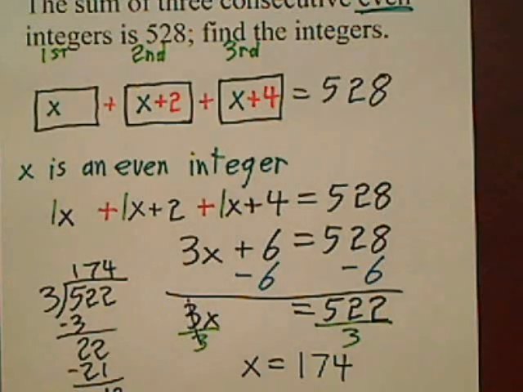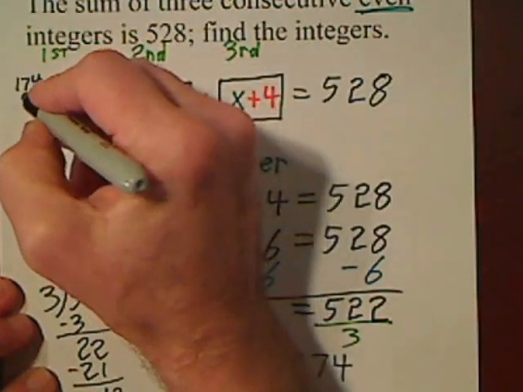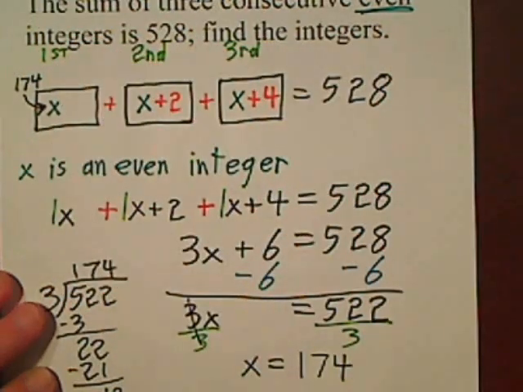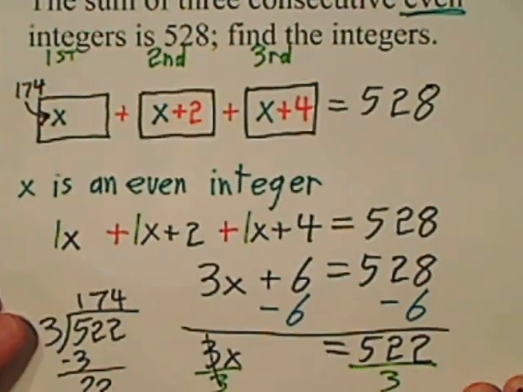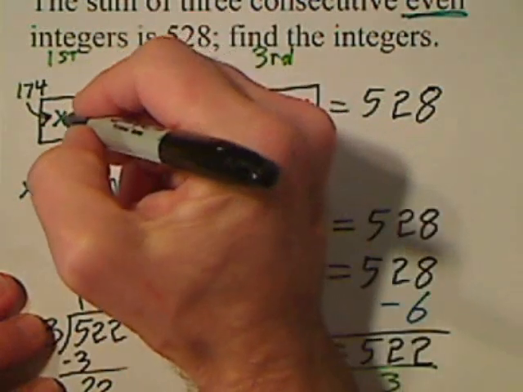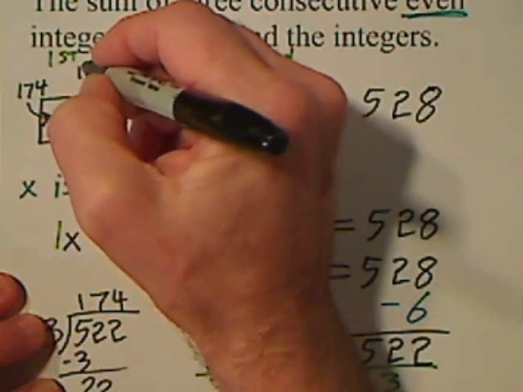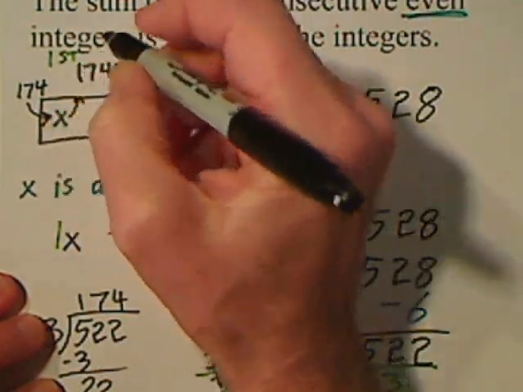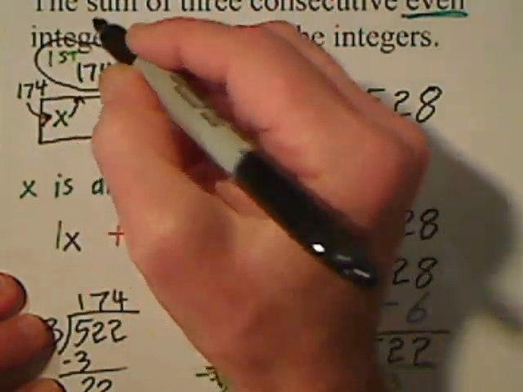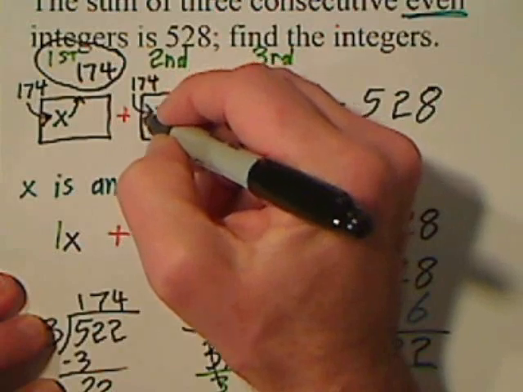So you take your 174, you plug it in where x is, and obviously out comes 174. So that's our first integer. Take your 174, plug it in where x is.